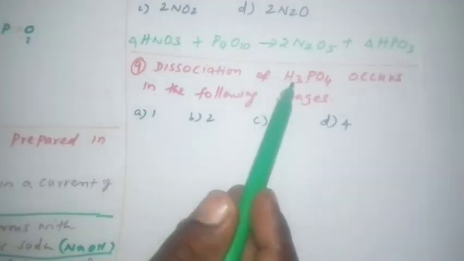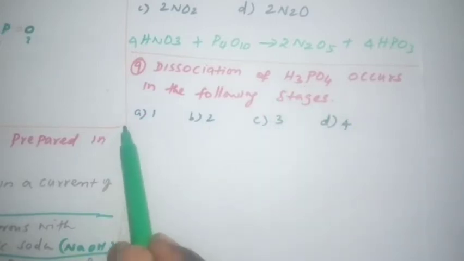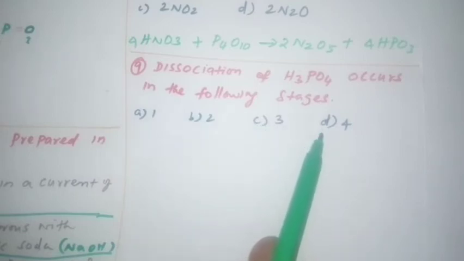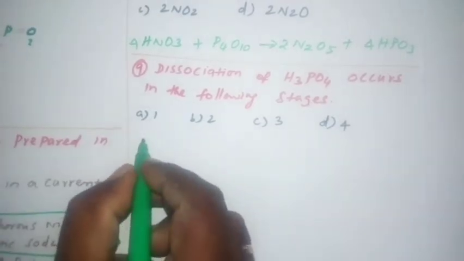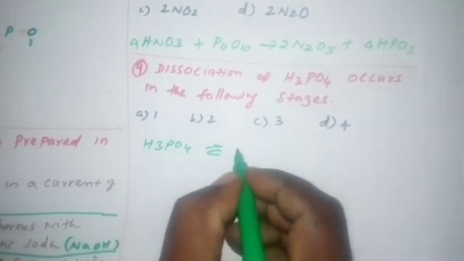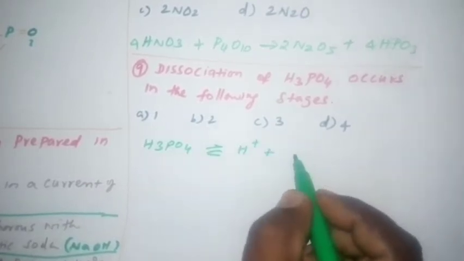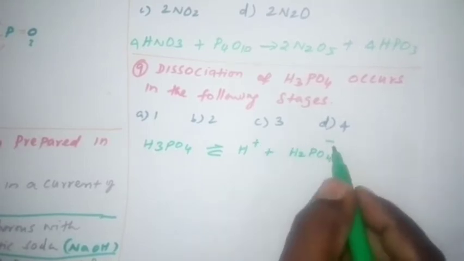Now question number 9. Dissociation of H3PO4 occurs in the following stages: option A 1, B 2, option C 3, option D 4. So dissociation means that H3PO4, when it dissociates, will convert into H+ and H2PO4-.